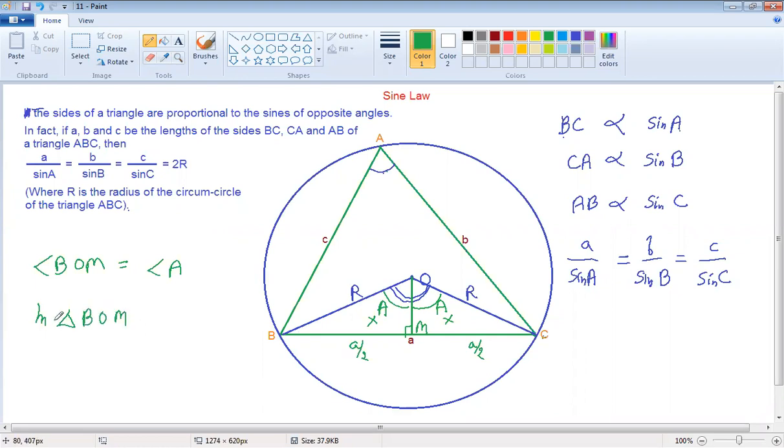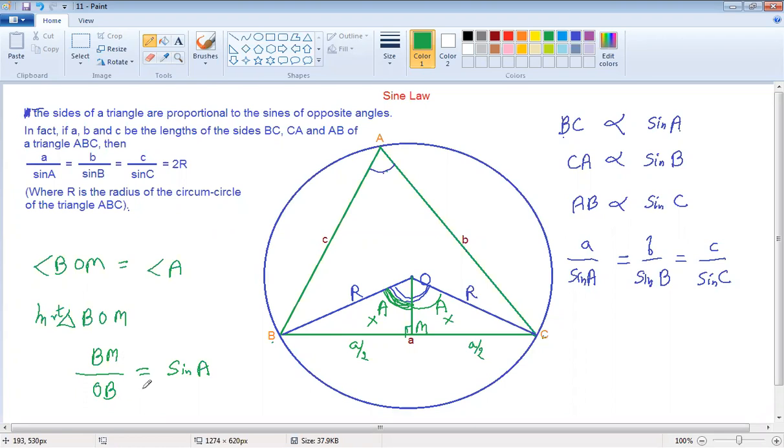Now in triangle BOM, which is a right triangle, BM divided by OB, BM upon OB, is equal to sine of angle A. See, for the angle A, BM is the perpendicular and OB is the hypotenuse, opposite 90 degrees.